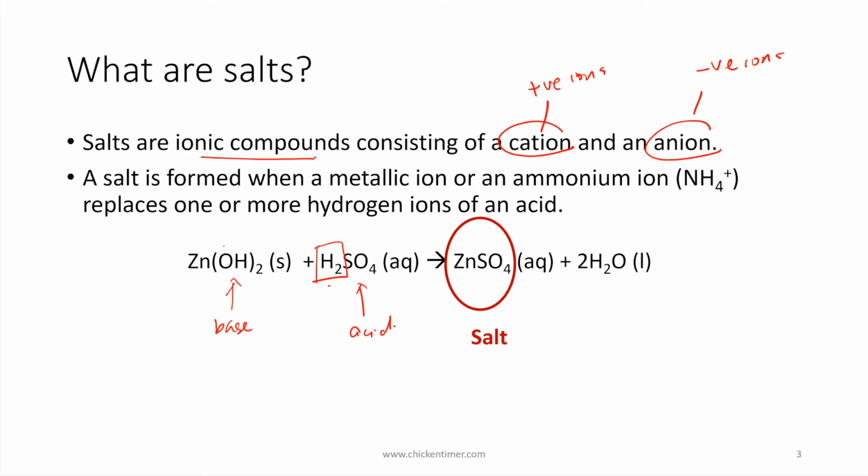The metal ion from here, where the reaction takes place, this zinc ion will replace the hydrogen ion here. It kicks out the hydrogen and then the zinc goes in and forms this.